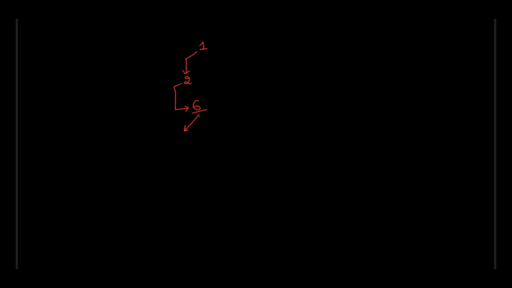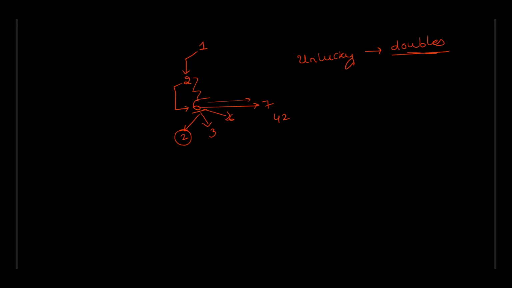Then if you encounter 2, you are good, you don't have to look. If you encounter 3, you are good. If you encounter 6, you are good. But if you encounter 7, then again you have to look into all the elements, but this time the LCM will actually become 42. So you see that at each stage, every time you get unlucky, the LCM actually doubles, at least doubles. It could be even more, but at least doubles.